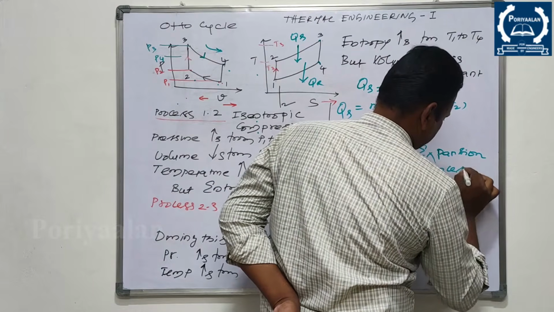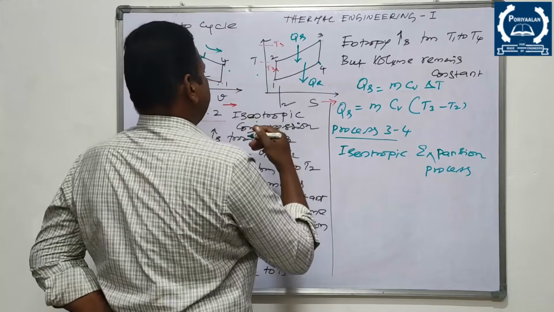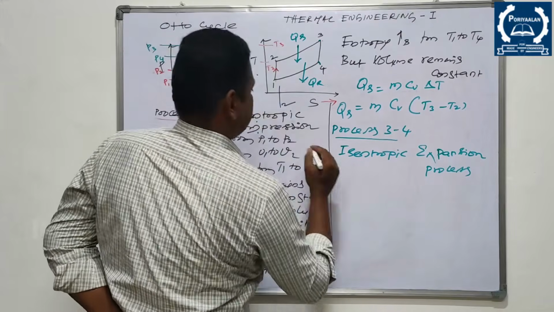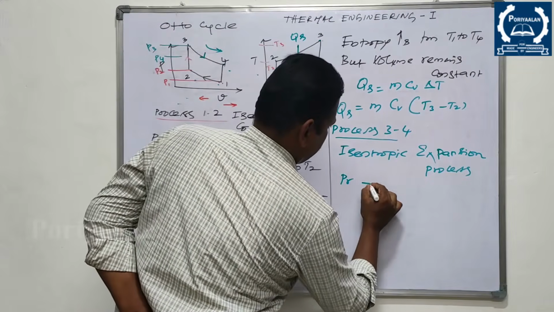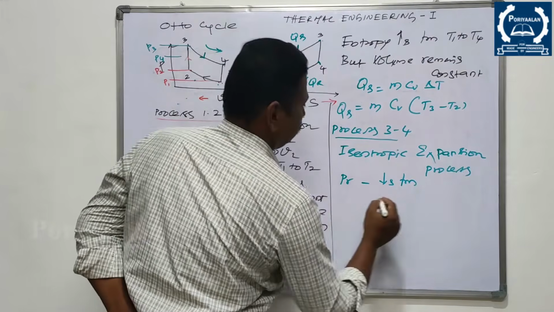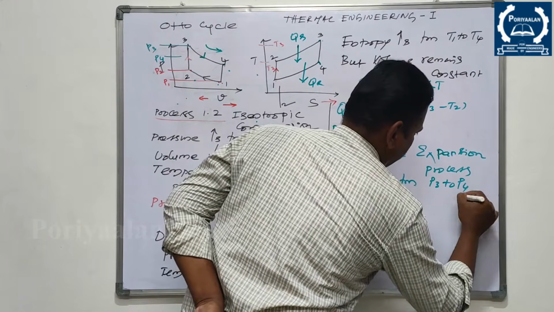Isentropic expansion process, right? Then what happened to the pressure, temperature, volume and all? Then pressure decreases from P3 to P4.